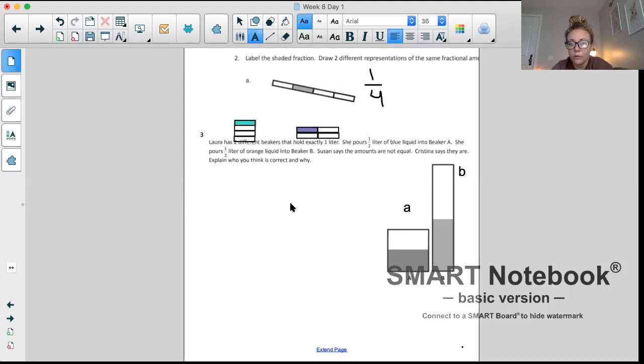If you spilled it on the floor, if you drank it, it's still a 1/2 liter, no matter where it is, and no matter what color it is, no matter what size container it's in, the amount of liquid is still the same. So Susan says they're not equal. Christina says they are equal. Who's right?